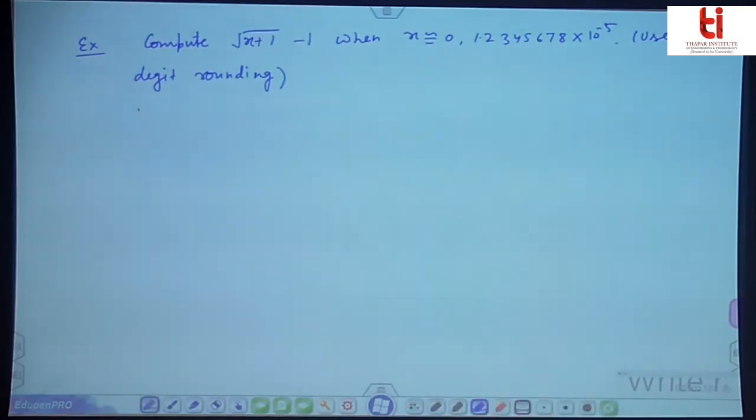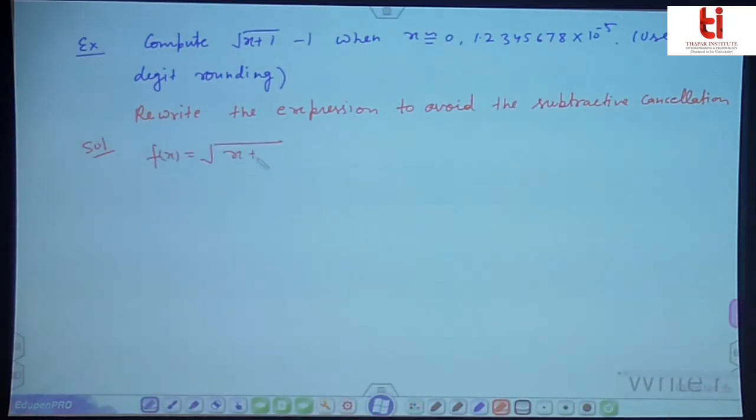Next is rewrite the expression to avoid the subtractive cancellation. Okay, so we have to compute the value of under root x plus 1 minus 1.